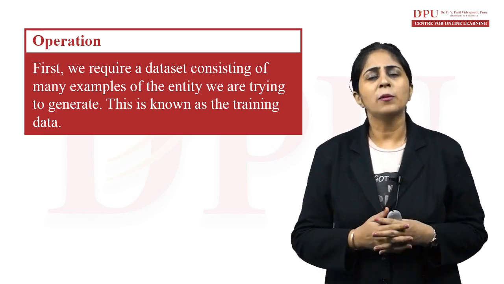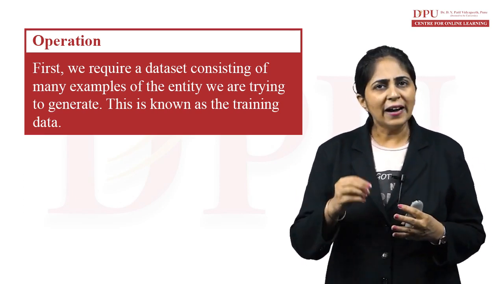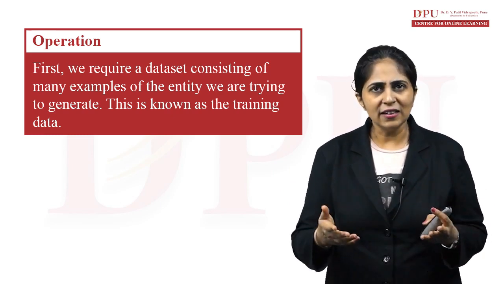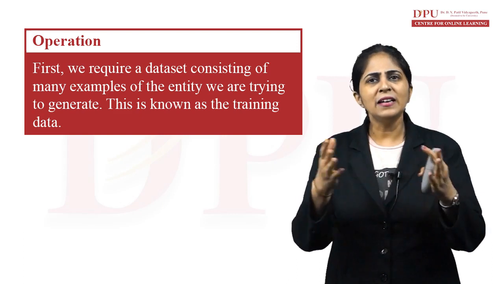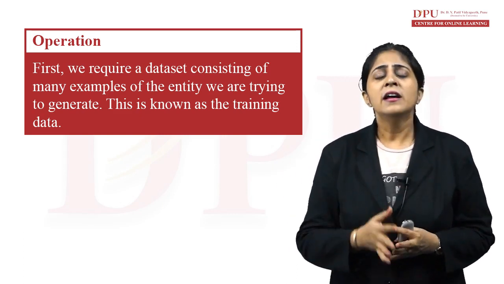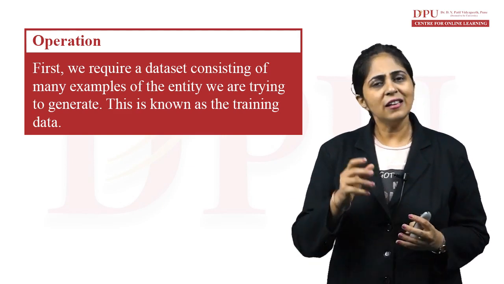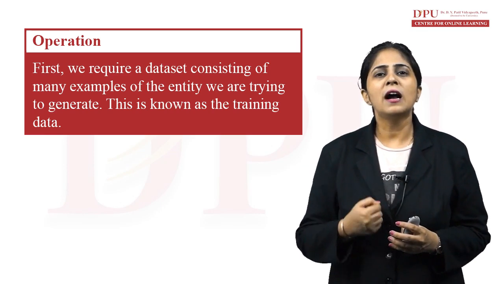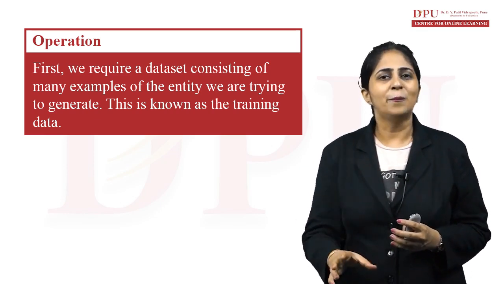Here we are talking about the image of a horse. So that is our entity. This data set we will call our training data set, because we are using it to train our model.